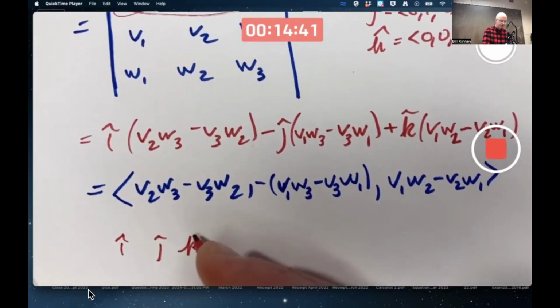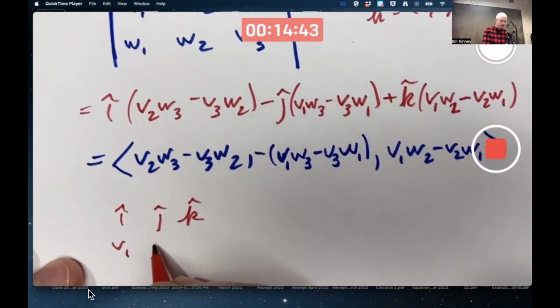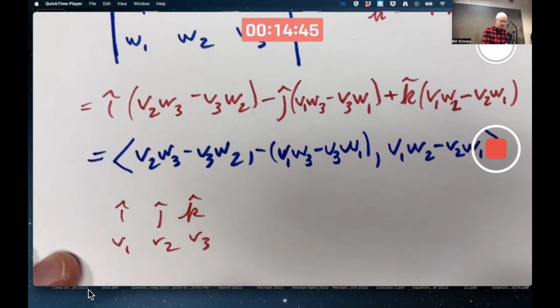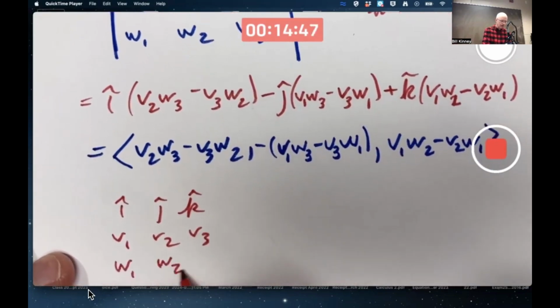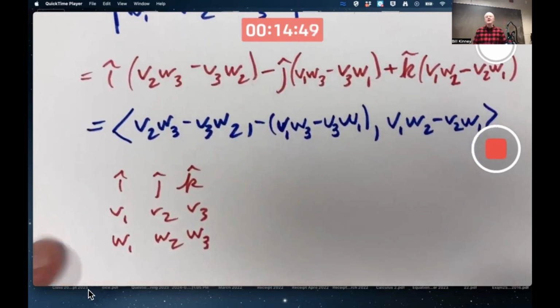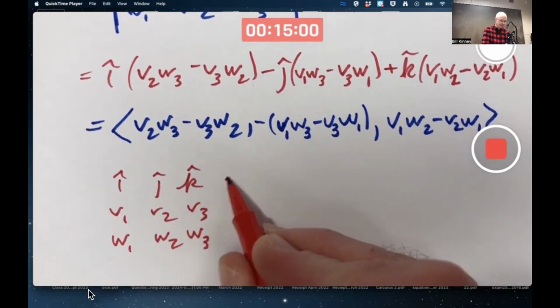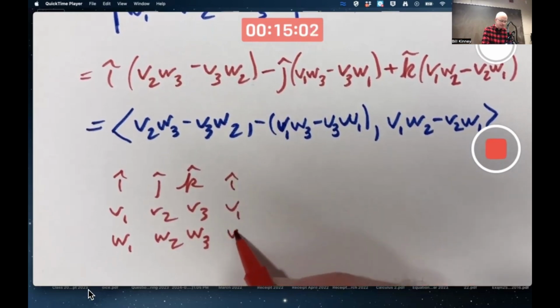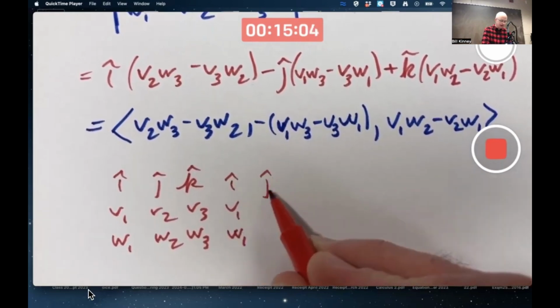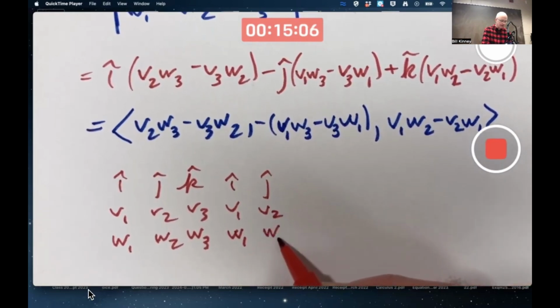You essentially create an array like you see here with I hat, J hat, and K hat across the top. V1, V2, V3 here, W1, W2, W3 here. But you don't bother putting absolute value signs around it. And then you do something strange with this. You recopy the first two columns to the right.